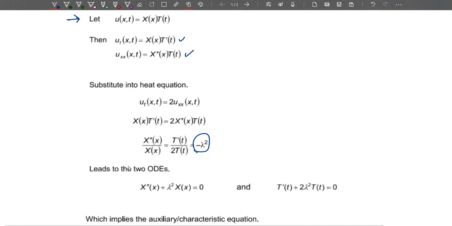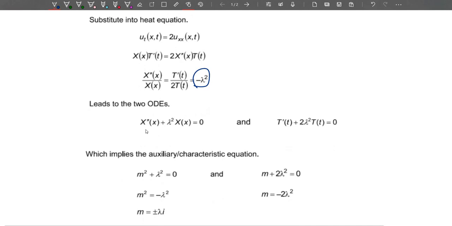So it leads to two ODEs. The first one: X''(x) over X(x) is equal to negative lambda squared, so X'' is equal to negative lambda squared X. We bring this term to the left, therefore we have this one.